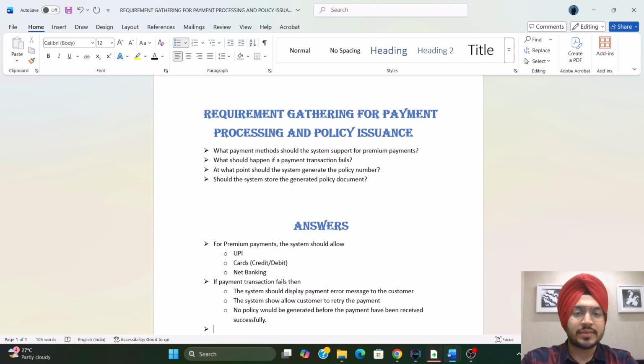At what point should the system generate the policy number? So upon successful payment completion, the system should generate the policy number.